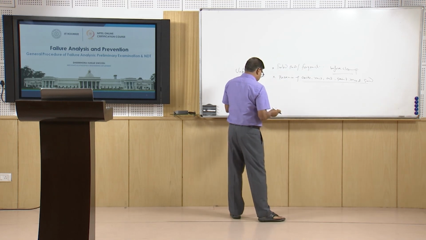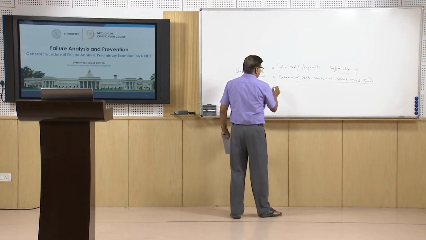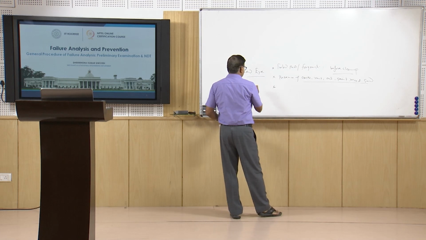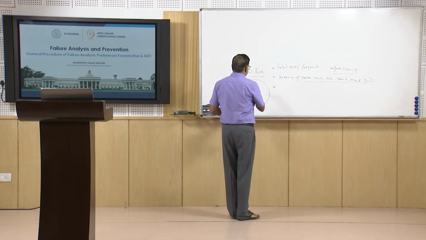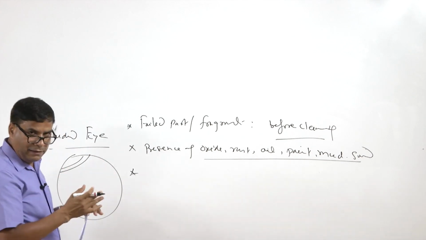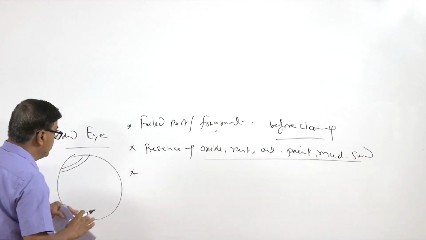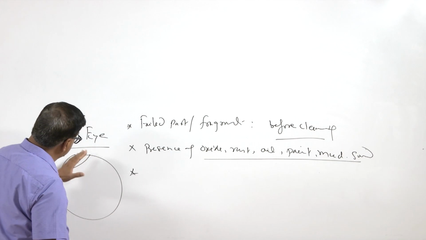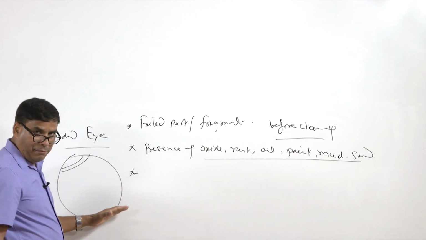And then the third is on the fracture surface. On the fracture surface, of course one area will be of a different shade, color and texture, which will indicate that this zone is different from the remaining zone.